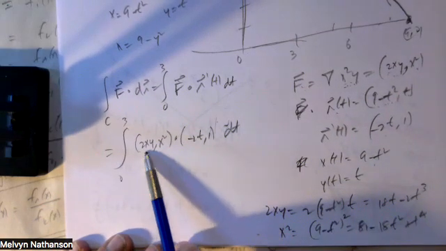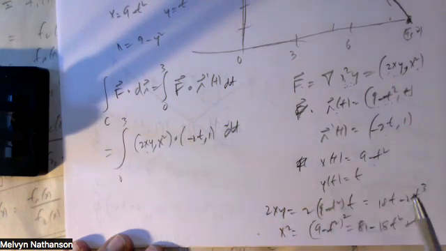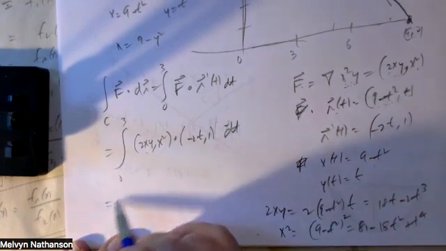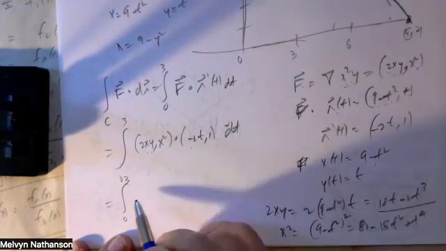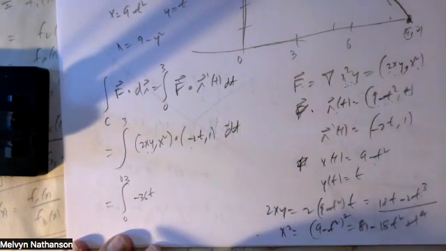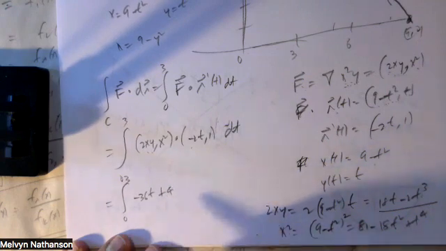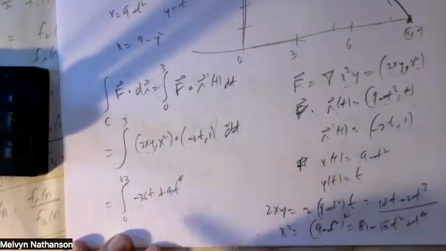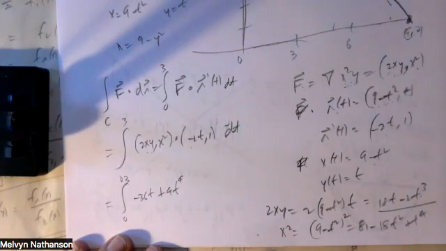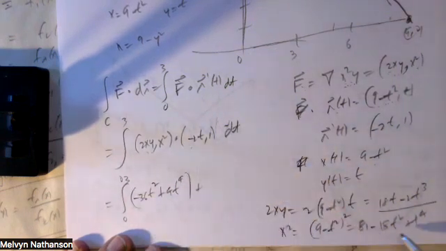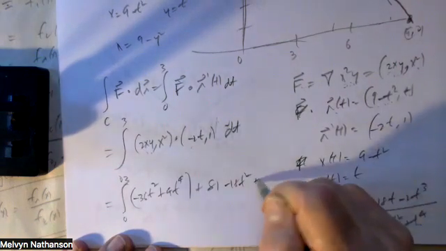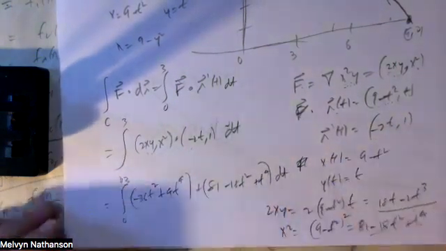So when I take the dot product of (2xy, x squared) with (minus 2t, 1), 2xy times minus 2t is minus 36t squared plus 4t to the fourth, plus x squared dot product with 1, plus 81 minus 18t squared plus t to the fourth dt.